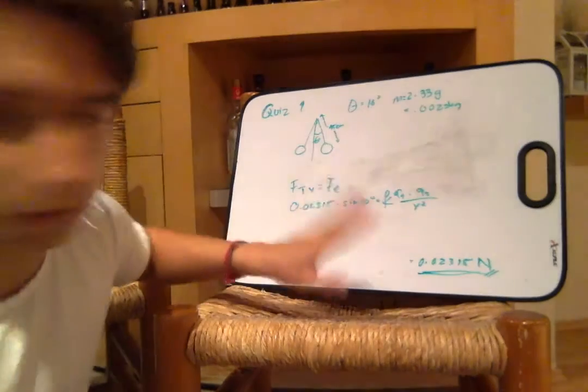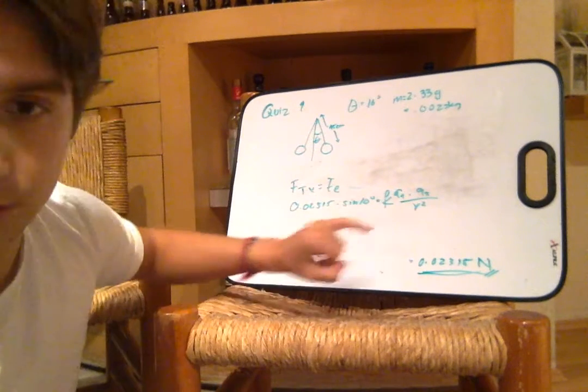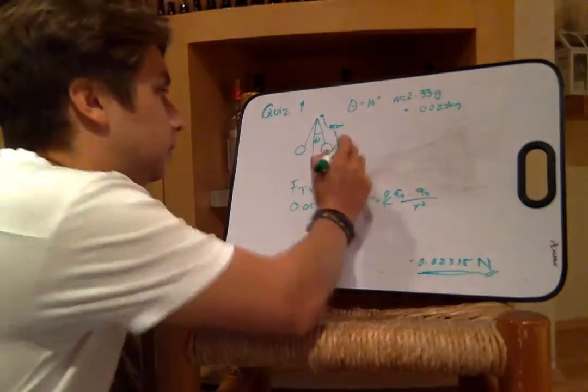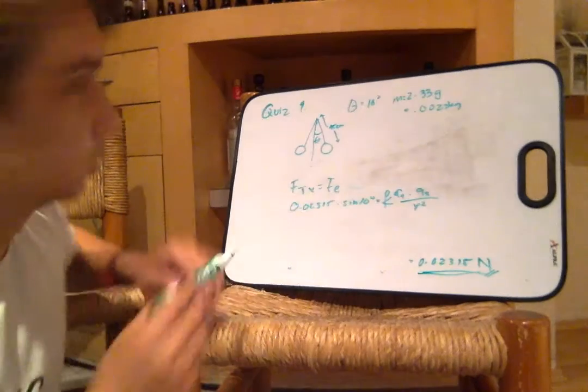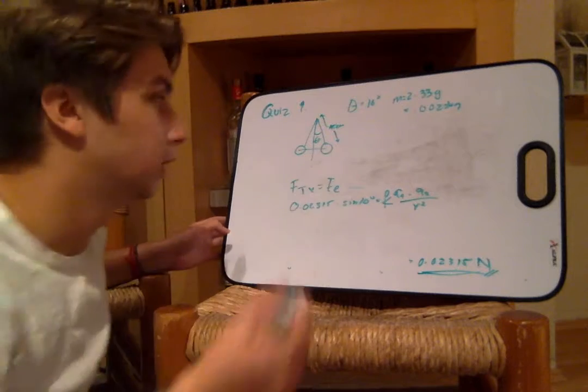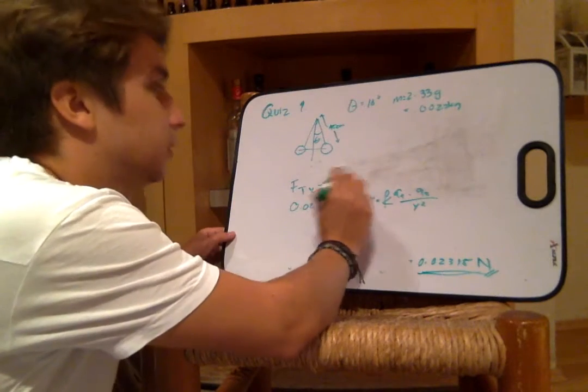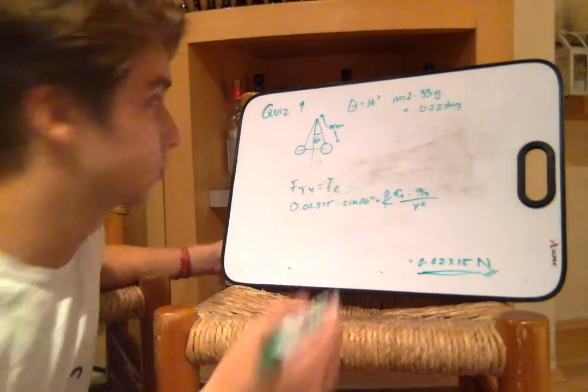In this case, we'll make a small pause to solve for r. The distance between them is from here to here, and that'll be r. In this case, we will solve it again using a triangle.